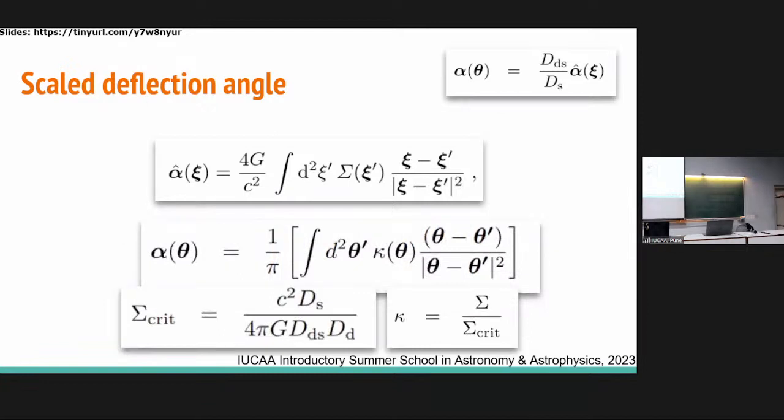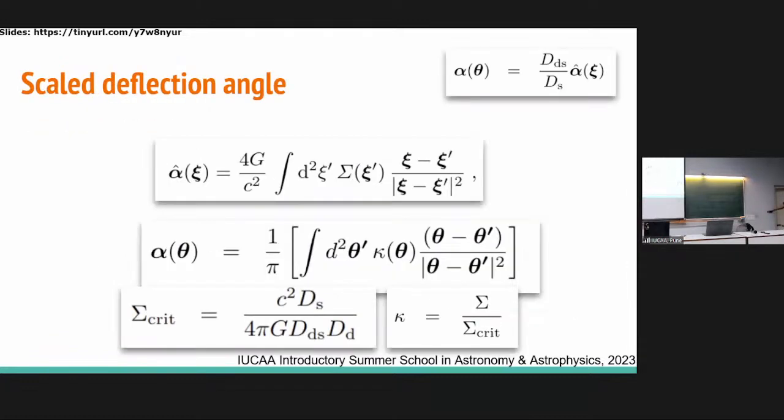So this tells you something about the efficiency of lensing. If your source is at an optimal location, then it makes lensing easier, because your deflection angle can now really be large, even if the surface density of your mass is small. That's the reason why it's also called a lensing efficiency parameter.